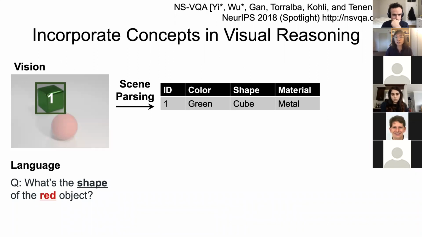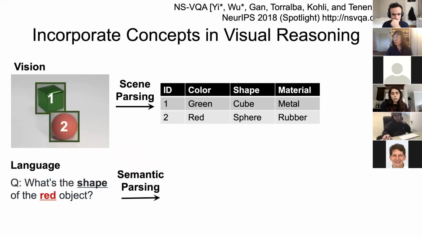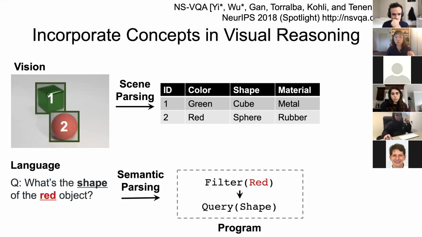It first detects all the objects in the scene and extracts their attributes such as colors or shapes. We also incorporate a semantic parsing framework to translate the input question into a symbolic program. In this specific case, the question, what's the shape of the red object, will be translated into a two-step program. The first step is to filter the red object, and the second is to query the shape of it.